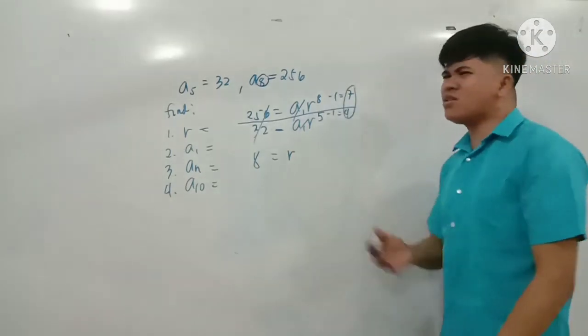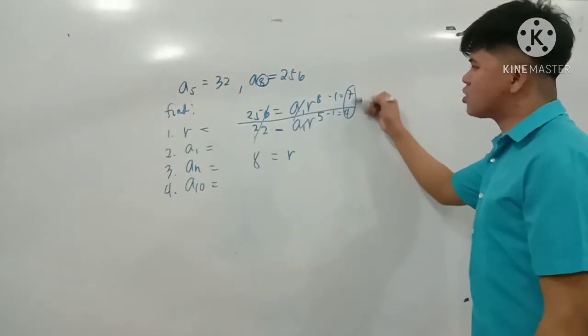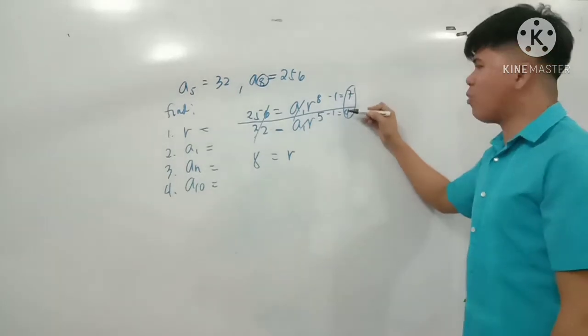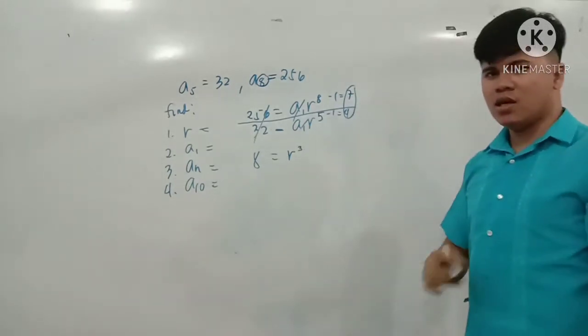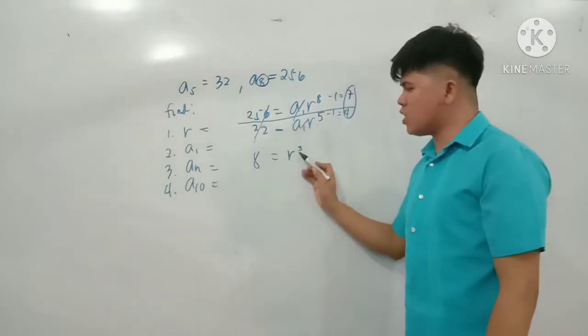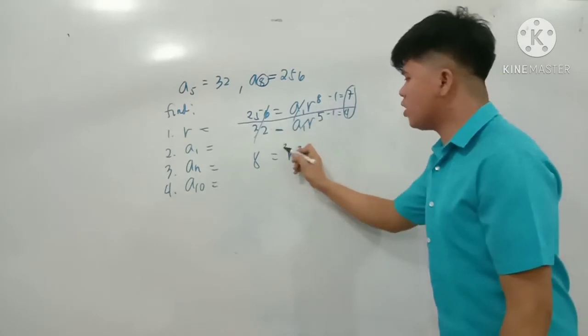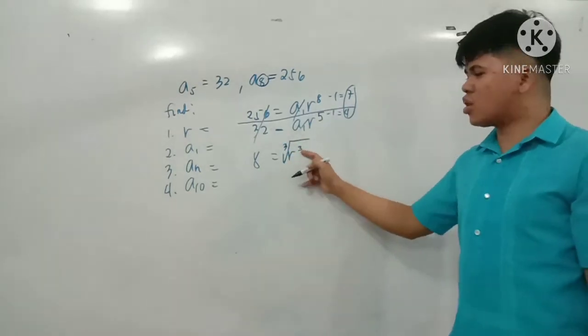Now, by using the law of exponents for a quotient of powers, we simply subtract the exponents. 7 minus 4 gives us 3. The exponent of our variable r is 3, so we can use the cube root to cancel this exponent.